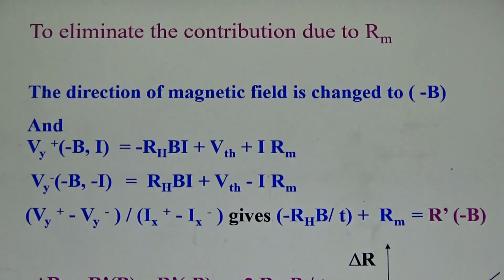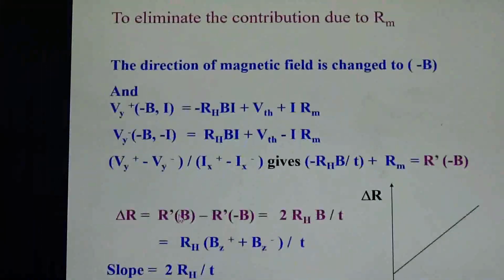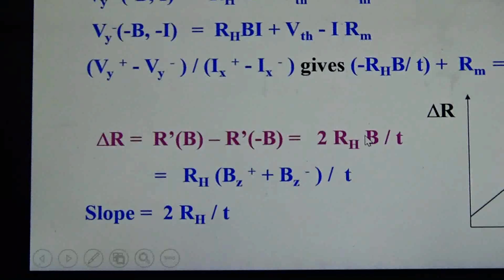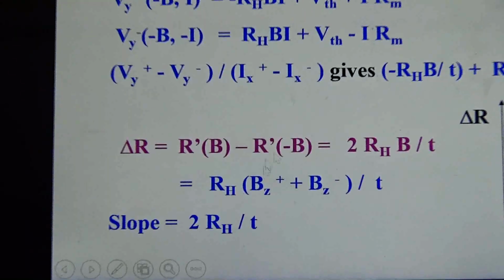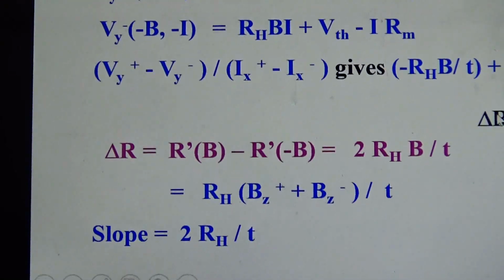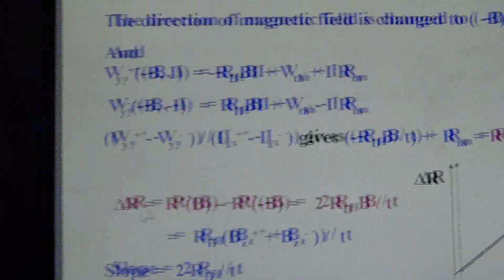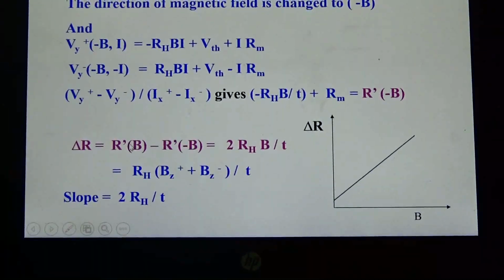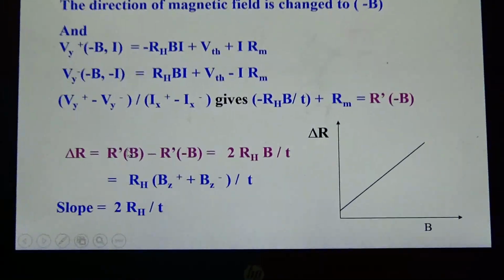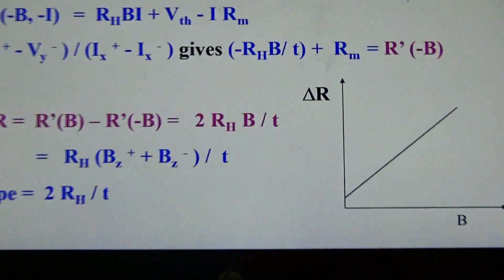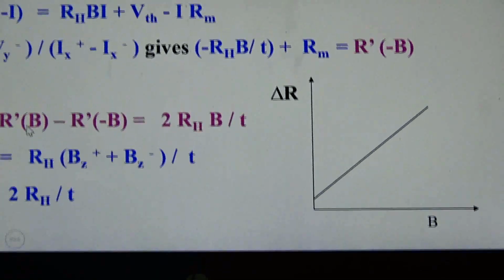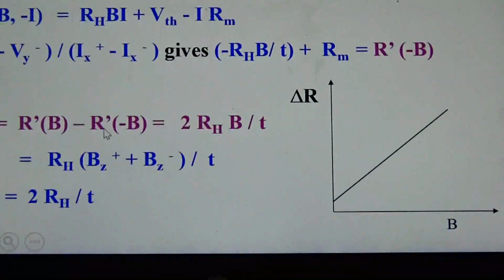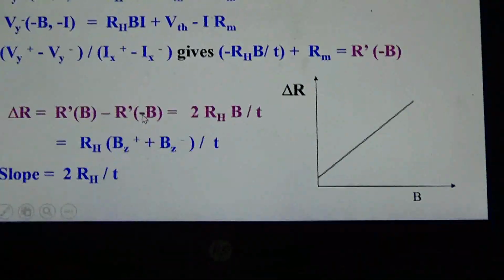So you can now take delta R given by R prime B minus R minus B. This gives you 2 times the Hall voltage contribution. You plot delta R, which is the resistance corresponding to the Hall effect when the field is in the plus B direction, minus the resistance corresponding to the Hall effect when B is in the negative direction.